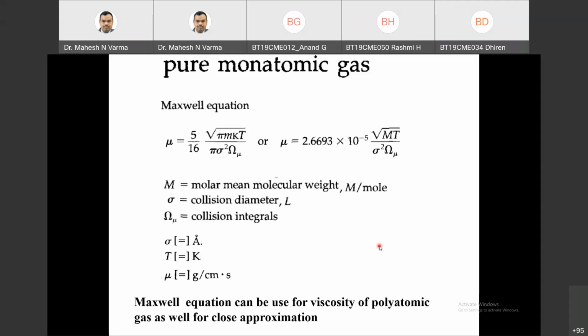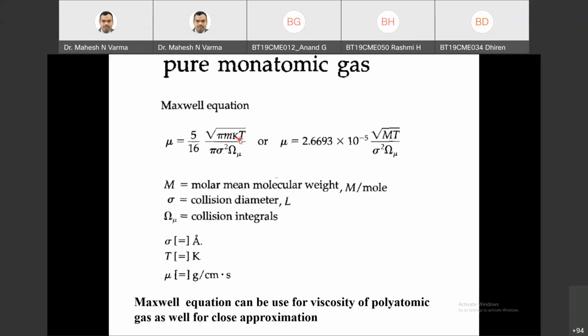The most important take home message from both equations, the preliminary one derived from kinetic theory of gases and the advanced one derived from statistical mechanics and molecular dynamics simulation, is that both indicate viscosity is directly proportional to the square root of temperature. This many times you can use.